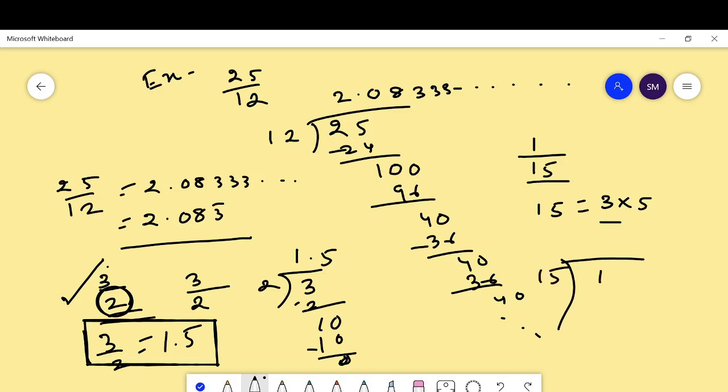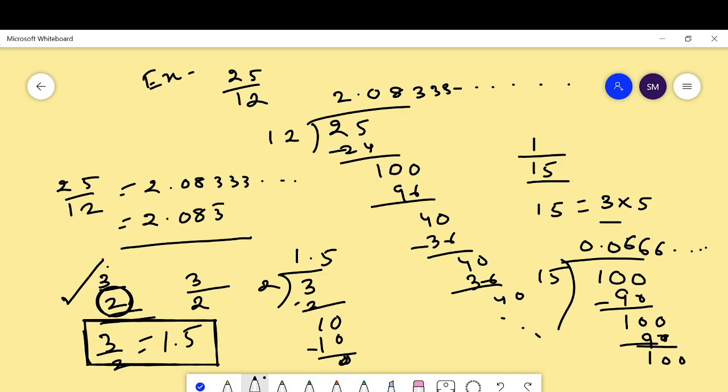Look at here. Practice: 1, we cannot solve it, put 0. Then put a decimal. Here also 10 is less than 15. Put another 0. 15 6 ja 90. Then 10. Then 10, 15 6 ja 90. Then 10, another 0, 15 6 ja.